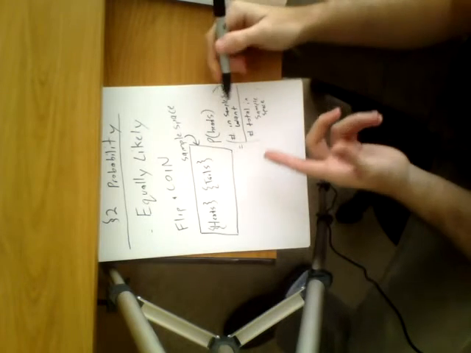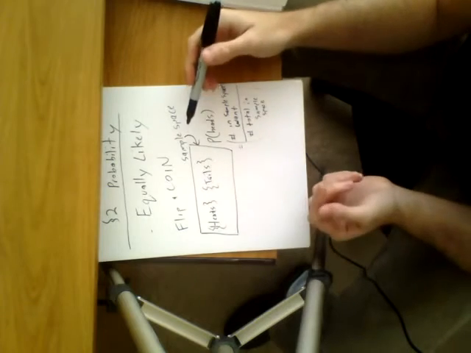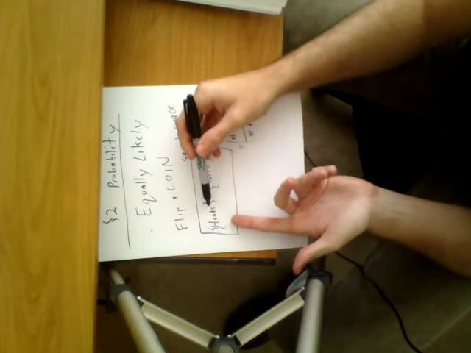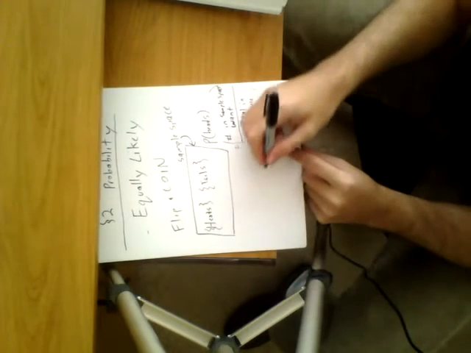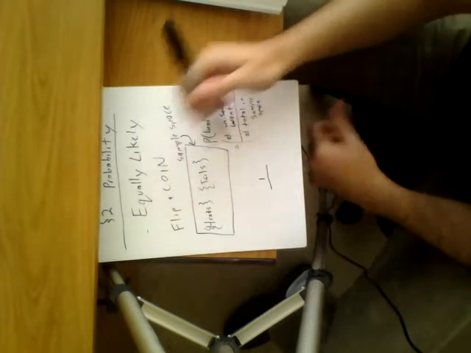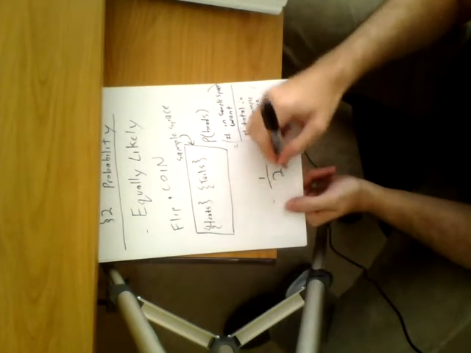So this is just how we'll do equally likely probability. You write out the sample space, you look for what we're interested in, probability of heads. So here we see that there's only one possibility of flipping a heads, that's it. So that goes on top. Out of how many in the sample space? Well, we have 2. So this would be 1 out of 2. So our probability of flipping a heads would be 1/2.